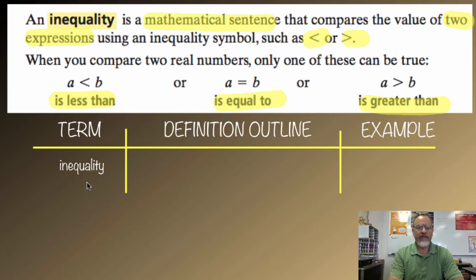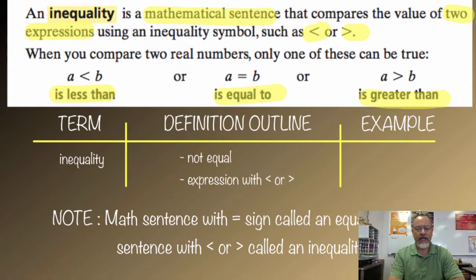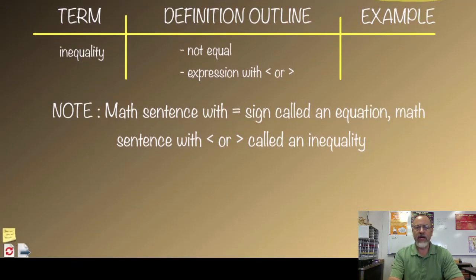So, if we want to define an inequality, then an inequality states that two expressions are not equal, and we identify which one is greater by using these less than or greater than symbols, and we'll talk about how to know which way they point in just a moment. Now, a math sentence with an equal sign we'd call equations. If we now have math sentences that have these inequality signs, these are called inequalities.